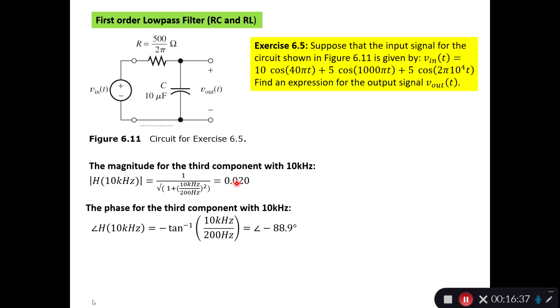So I get 0.020 as the magnitude, and the phase for the third component at 10 kilohertz is minus tangent to the minus 1 of 10 kilohertz over 200 hertz. That gives me minus 88.9 degrees.